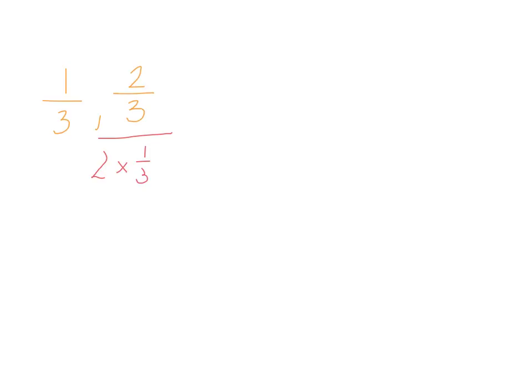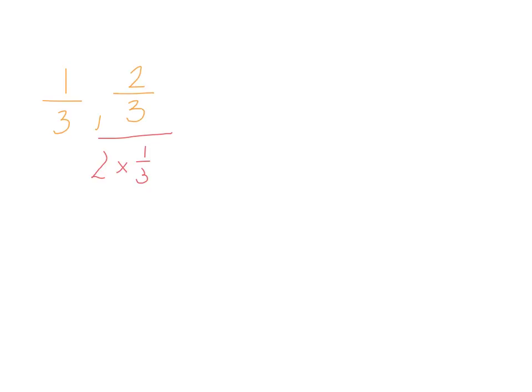Now just a little bit ago, we said that a multiple is the product of 2 numbers. Well, 2/3 is the product of 2 and 1/3. So 2/3 is a multiple of both 2 and 1/3. And it is actually the second multiple of the unit fraction 1/3.